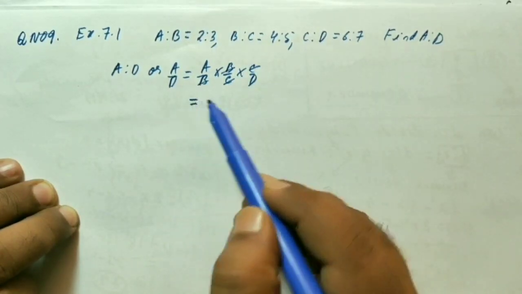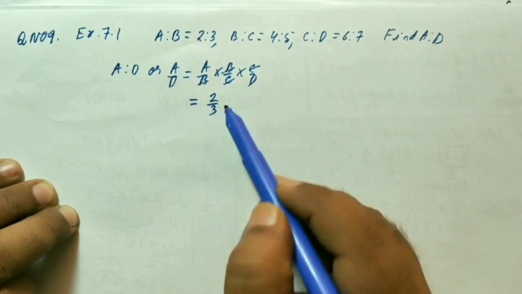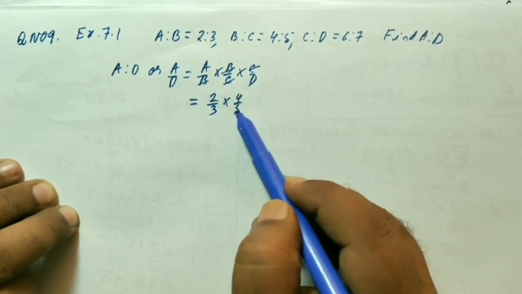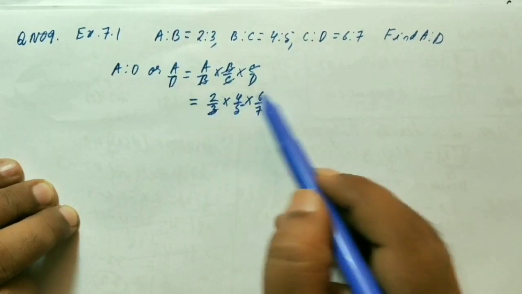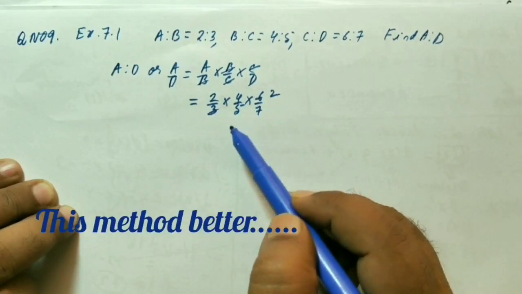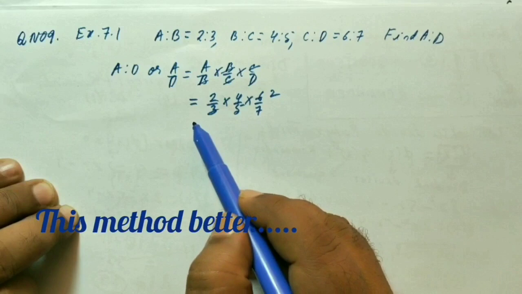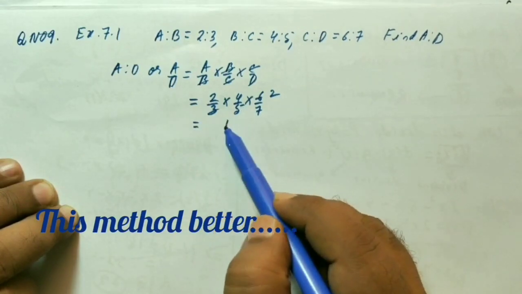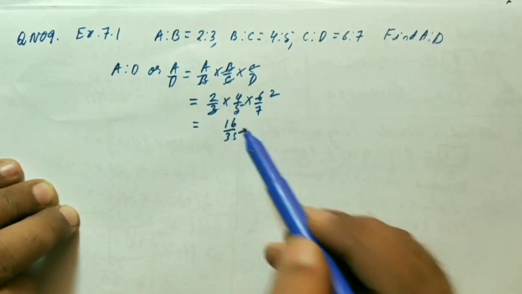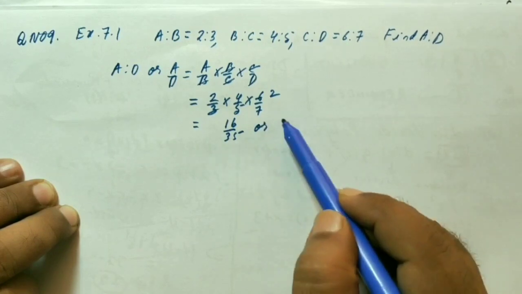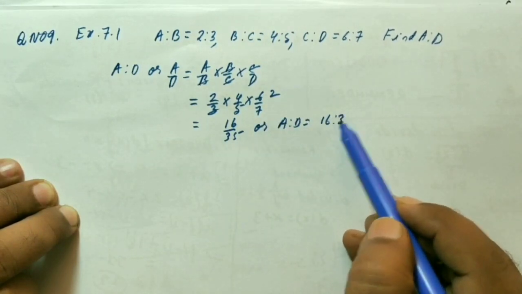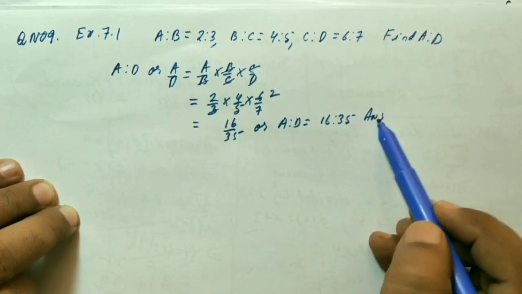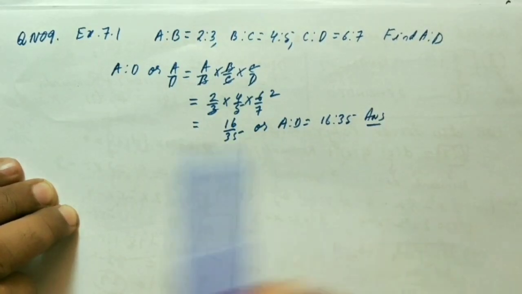So directly I'll write here 2 by 3 into 4 by 5 into 6 by 7. On simplifying, I get here 16 by 35, or a is to d is 16 is to 35. This is the answer.